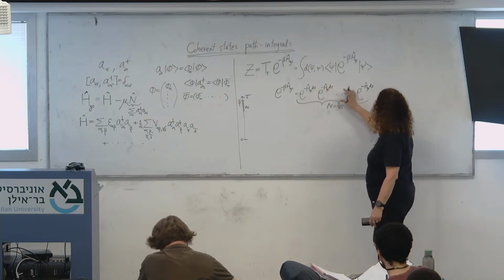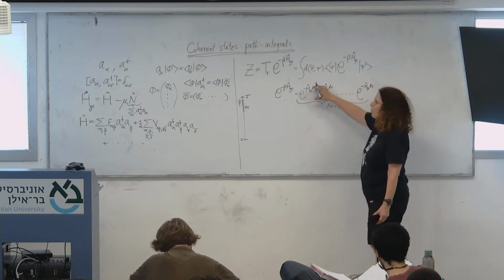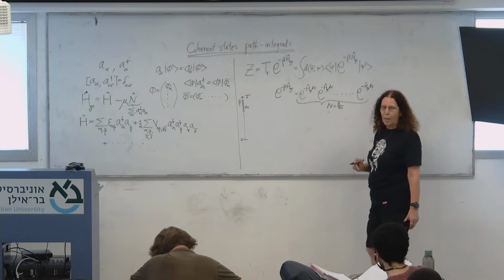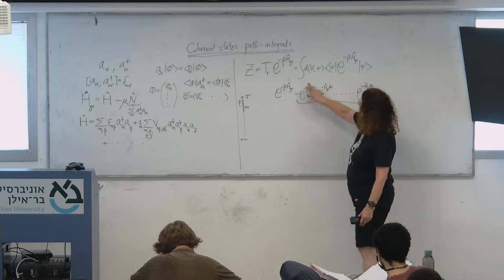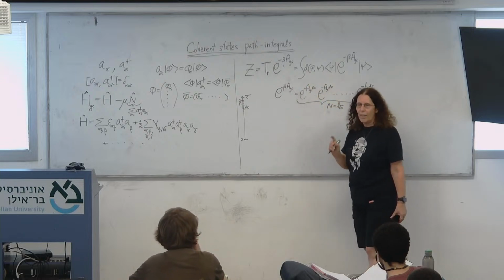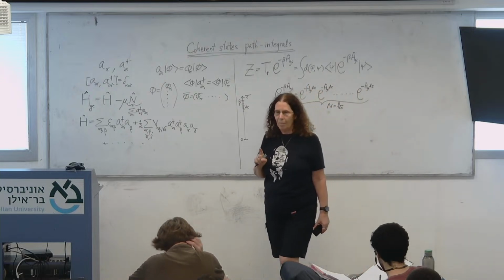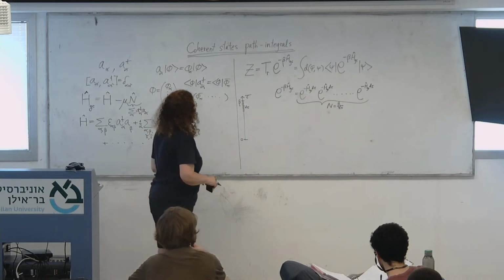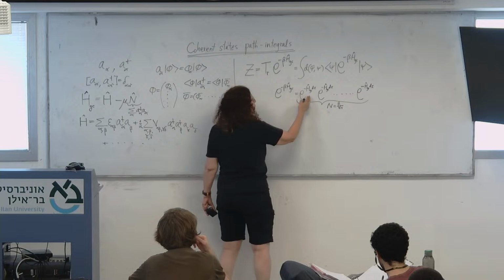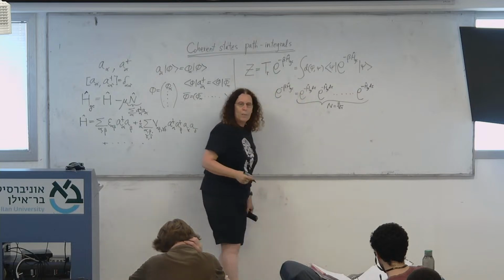Okay. So just writing it like this you still have an operator, but now the idea is that in between each such exponential, we're going to stick the resolution of identity with some coherent state that we are going to label as psi j.